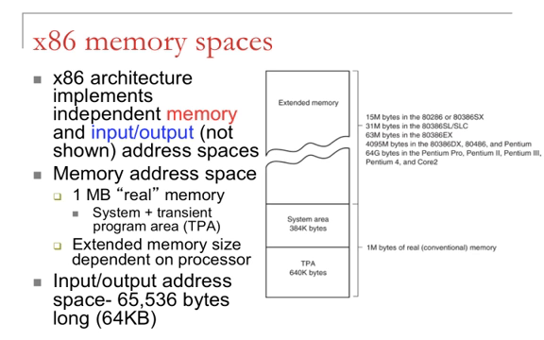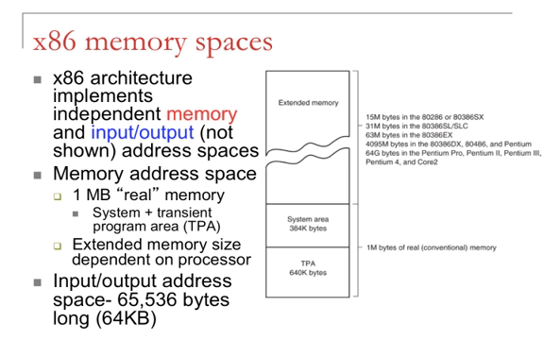Memory address space. We're going to use this term a lot. It refers to the size of the whole memory region. There is 1 megabyte of real memory, the system plus transient program area, and then we have extended memory, whose size depends on the actual processor.